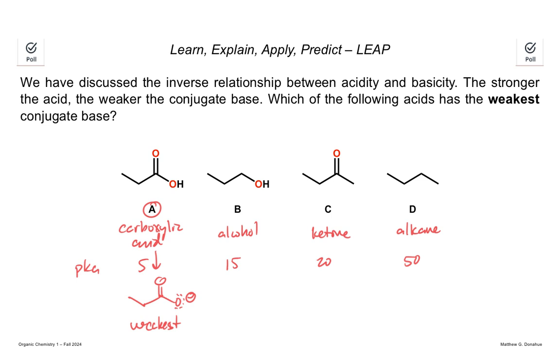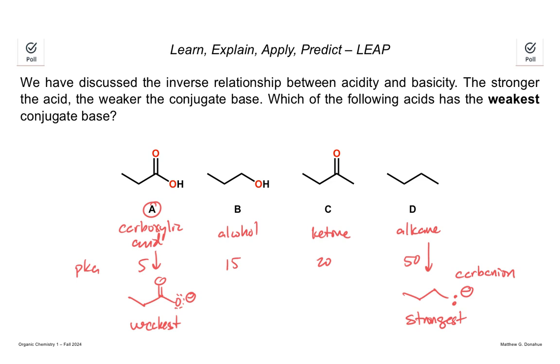So in preview of the next slide, which is which one of these has the strongest conjugate base, since the alkane is the weakest acid, it has the strongest conjugate base. So again, that's called a carbanion, a negatively charged carbon.